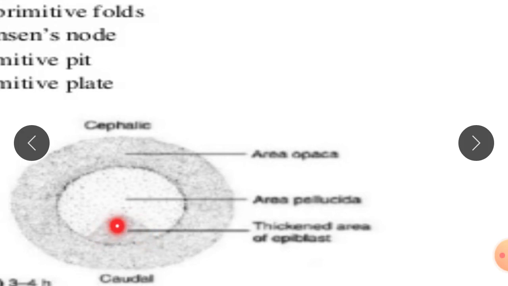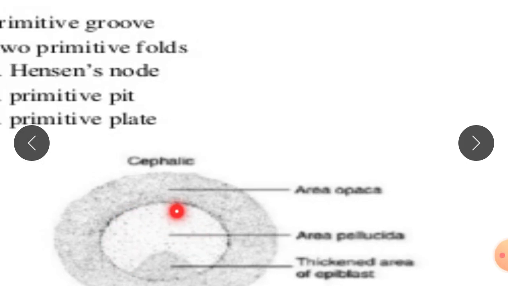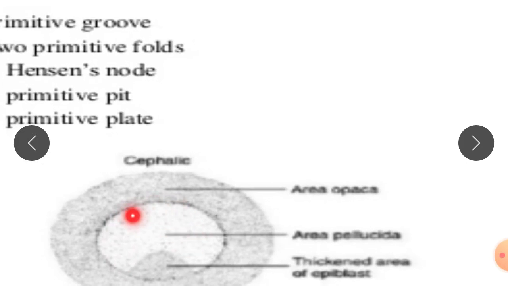Can you see here? It is a thickened area of epiblast due to accumulation of cells coming from anterior to posterior direction. So from here cells are moving this side, here moving this side.